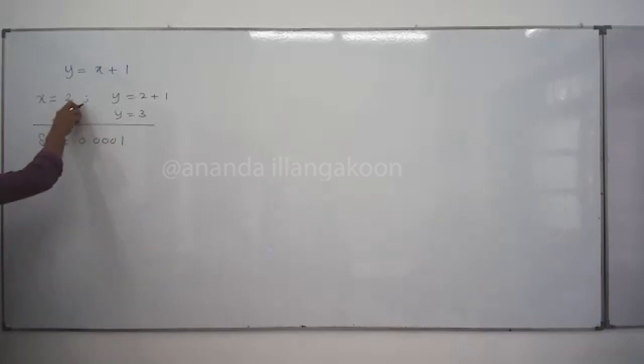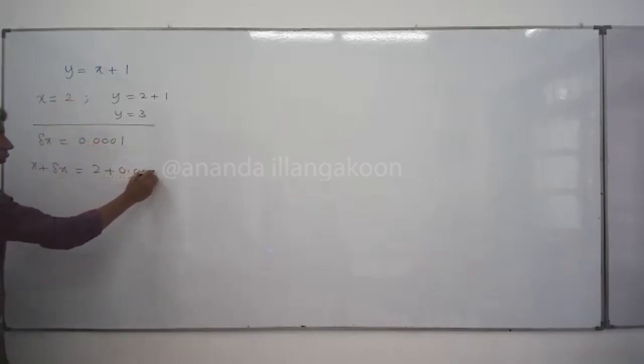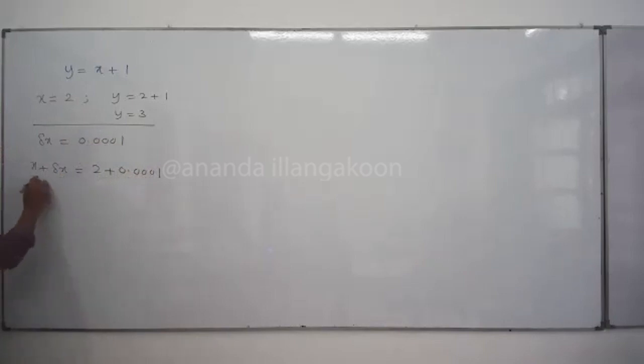The earlier x value is 2. To this 2 we have to add this one. Then the new x value is going to be x plus delta x, no? It is 2 plus 0.0001. For this new x value, people, you can find the new y value. What can you say, people?